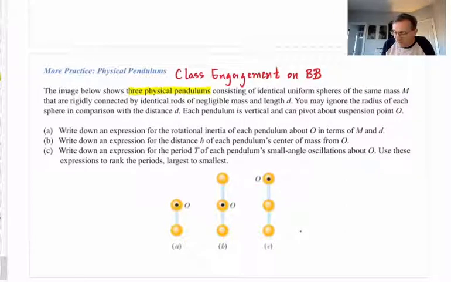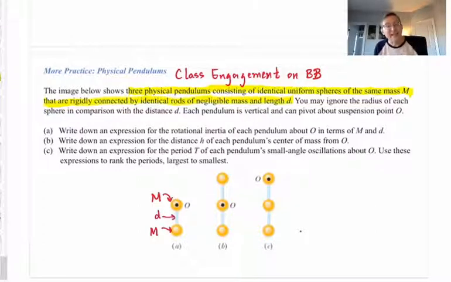They consist of identical uniform spheres of the same mass m that are rigidly connected by identical rods of negligible mass and length d. Right, here's one of the spheres right here, m. Here's another, m. Here's the rigid rod. It has no mass but length d. You may ignore the radius of each sphere in comparison with the distance d.